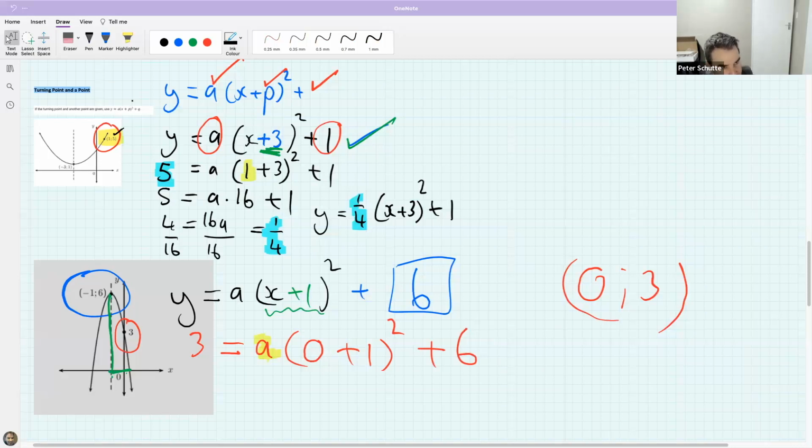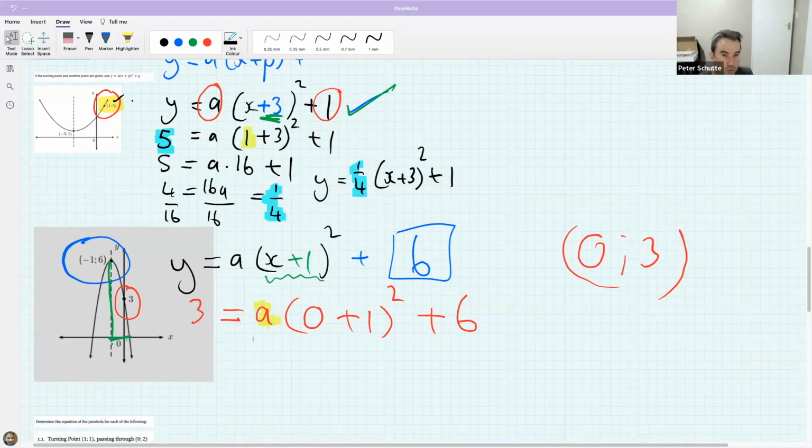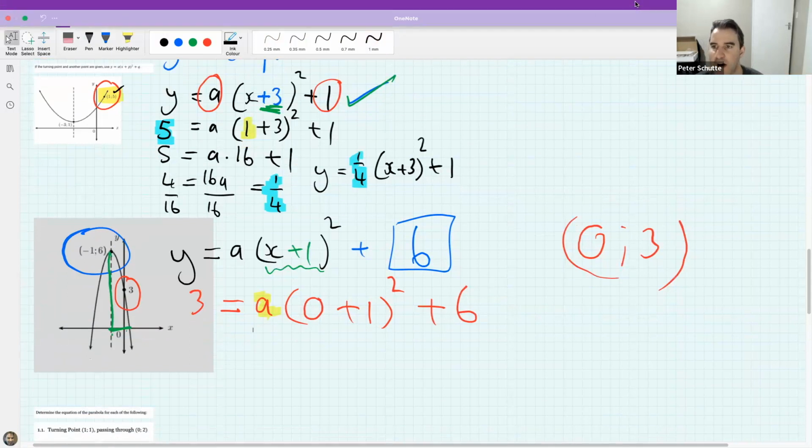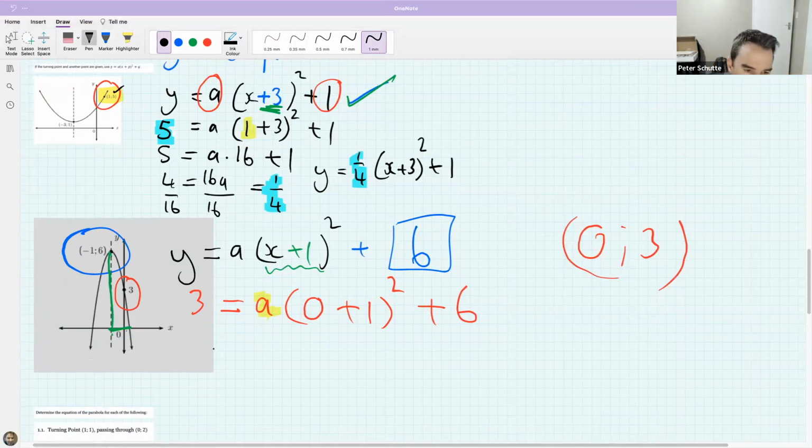If they say find the equation of the graph and they don't say leave it in standard form, the turning point form is also a valid form of the graph. It's only if they say that they want it in standard form, or if you want it in standard form because it's easier for you. But I will expand this for you when we finish, just to show you how it works. So don't worry, I'll give an example for you.